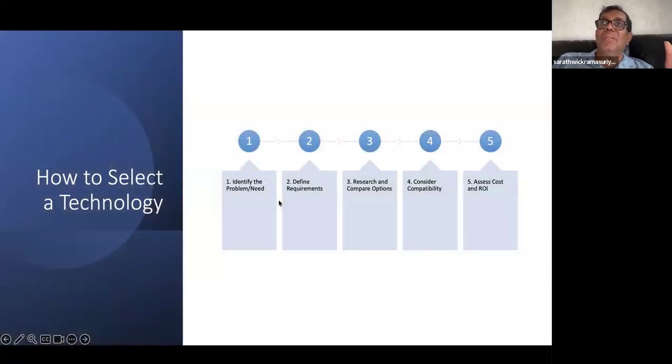We know 1G technology is just voice. 1.5G was just improved voice. When it comes to 2G, it comes with voice and text messages. When it comes to 3G, voice, text plus video.